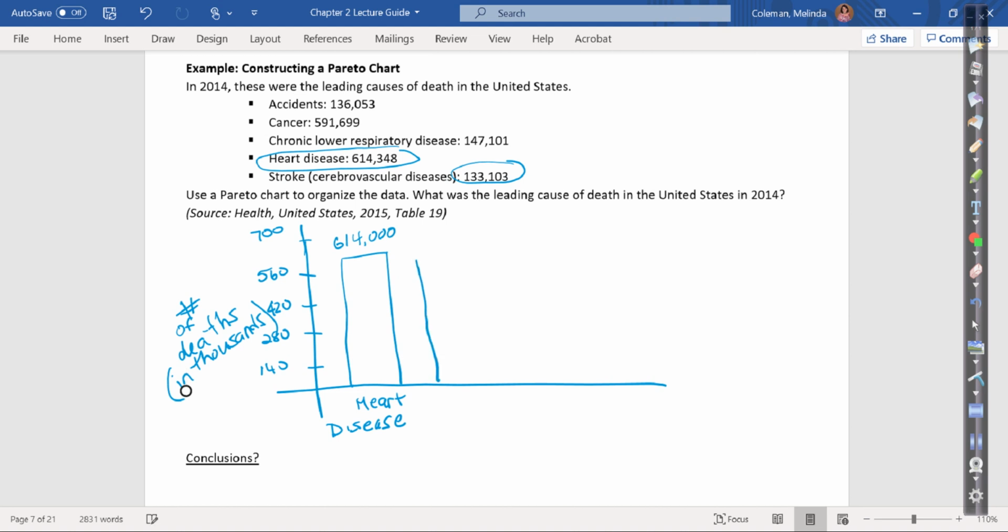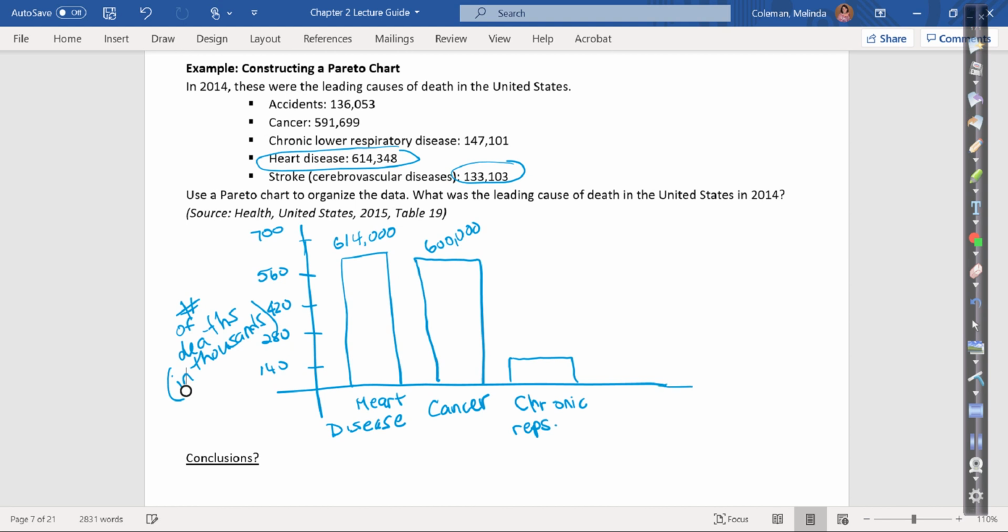So it's not a whole lot less than heart disease. So this one would be my cancer box. The next one drops pretty significantly down to 140,000 from 147,000. So it's going to drop pretty significantly. And this is going to represent chronic respiratory disease.